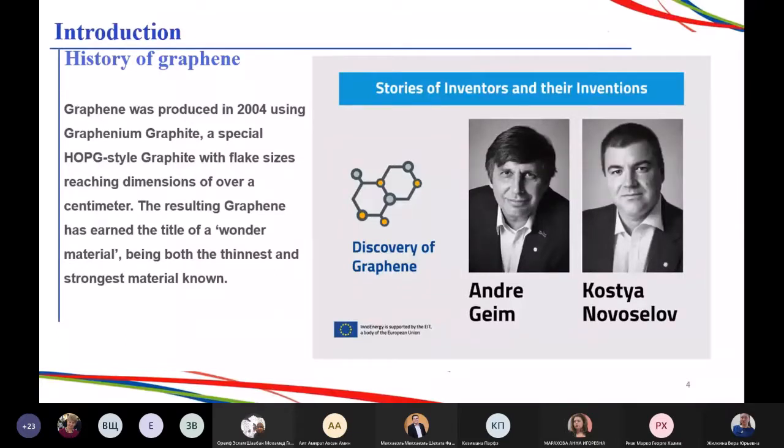It's arranged in a hexagonal lattice. The resulting graphene has earned the title of a wonder material, being both the thinnest and the strongest material known.